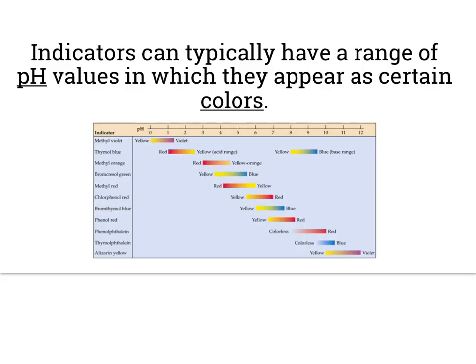If I put in some methyl orange and it gets dark red, I'm going to assume it's a pH of 3 or below. But if it's kind of yellow-orange, it's a little bit higher. Both of which are an acid, but you can tell whether it's a strong acid or not. Thymol blue, by the way, is red for really strong acids, yellow in between, and blue for really strong bases. So it just depends on what you're doing.